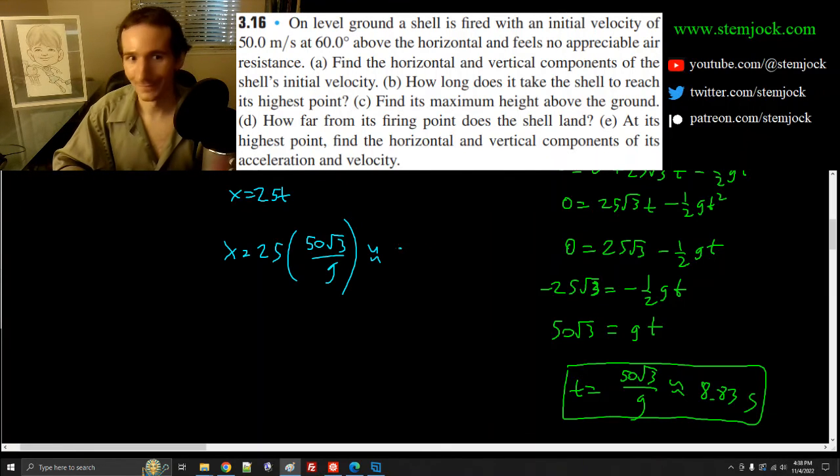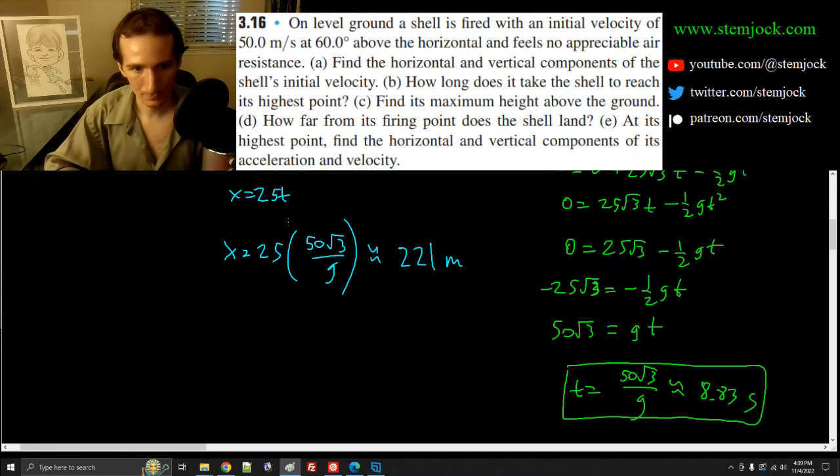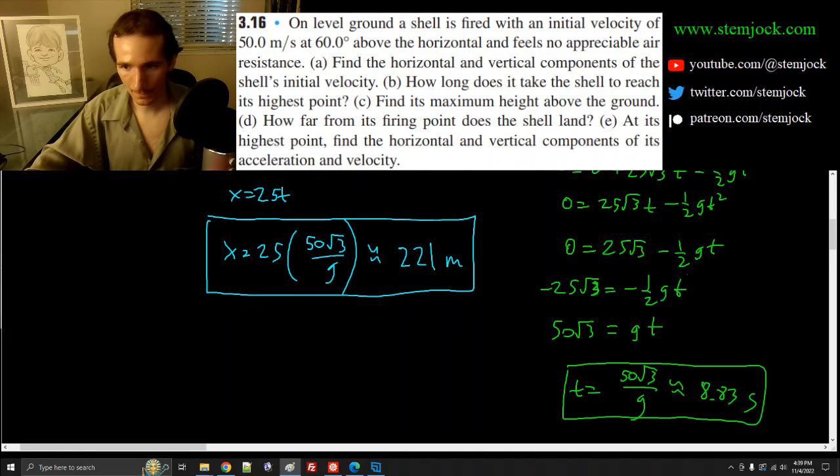Wait a second, not seconds. That is 221 meters, because this is distance. Yes. So this is our final answer for part D. Yeah, I boxed the t, but it's not what the question's asking for. So just ignore this box here.